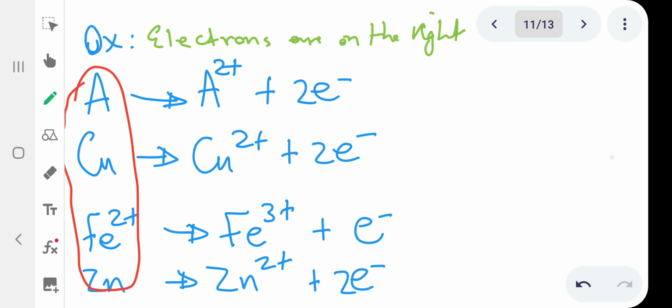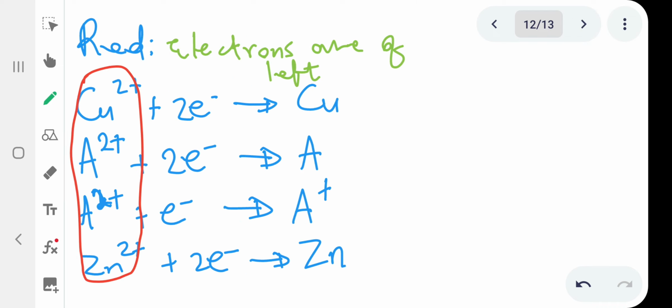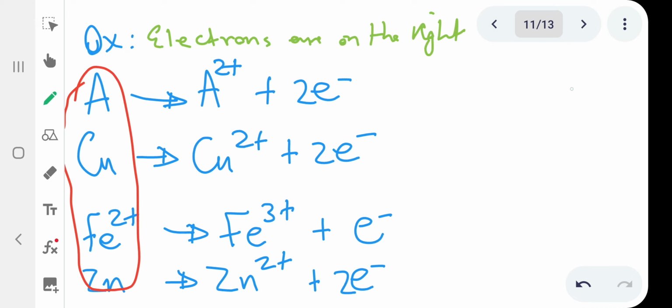Typical examples of oxidation and reduction half reactions are the ones listed above. In terms of agents, the oxidizing agent undergoes reduction and the reducing agent undergoes oxidation.